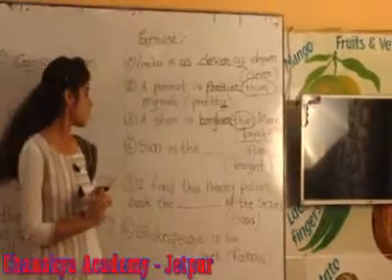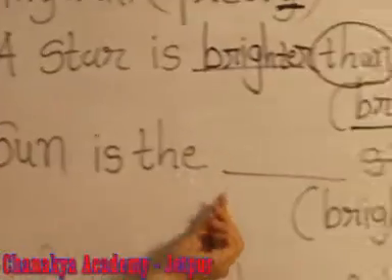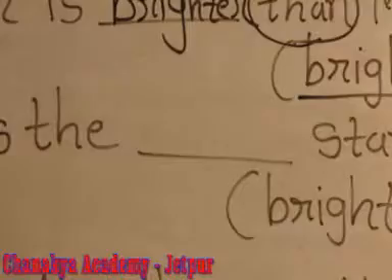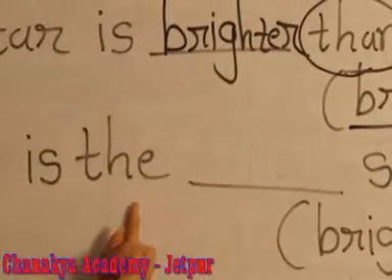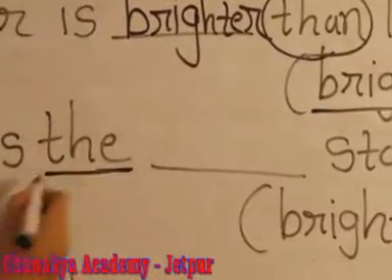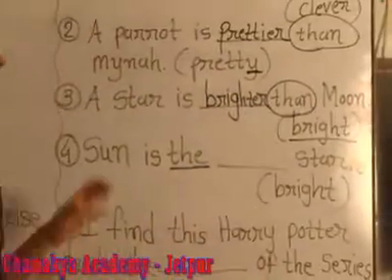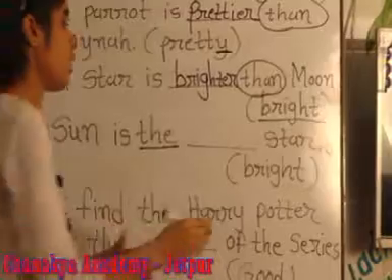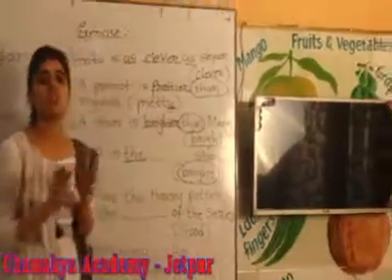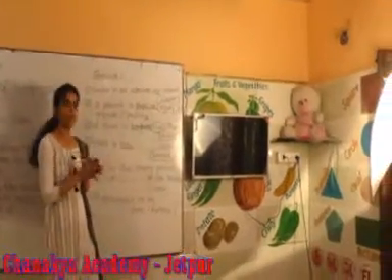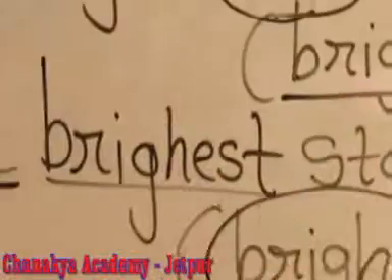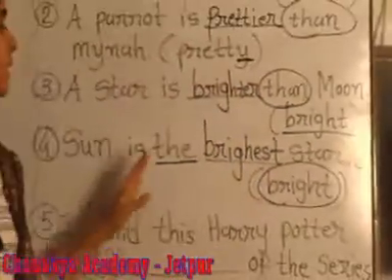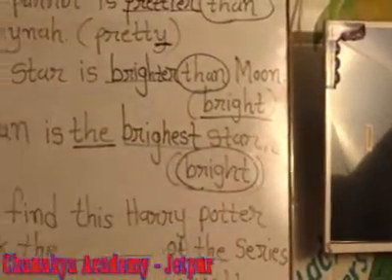Now our fourth question is, the sun is the blank star. First of all, identify the degree. You can see that the is used before the blank. So commonly it is the superlative degree, and when we are using the superlative degree we have to put est as a suffix of the adjective. So it will be brightest. The answer will be, the sun is the brightest star.